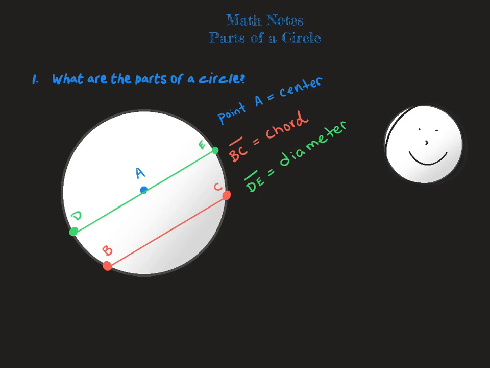Okay, so what happens when you have something similar to the diameter, but it doesn't pass all the way through to the other side? It just gets from one edge of the circle to the center. Well, let's try that out. So I'm going to use my handy dandy ruler. And I'm going to do something like this.